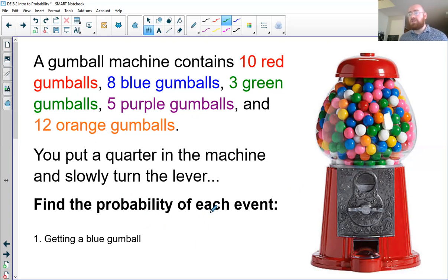So the first thing we need to know is the size of our sample space, which is how many gumballs are in the machine. So what is the total? So using a trusty calculator, 10 plus 8 plus 3 plus 5 plus 12 gives us 38. So the total sample space in this gumball machine is 38.